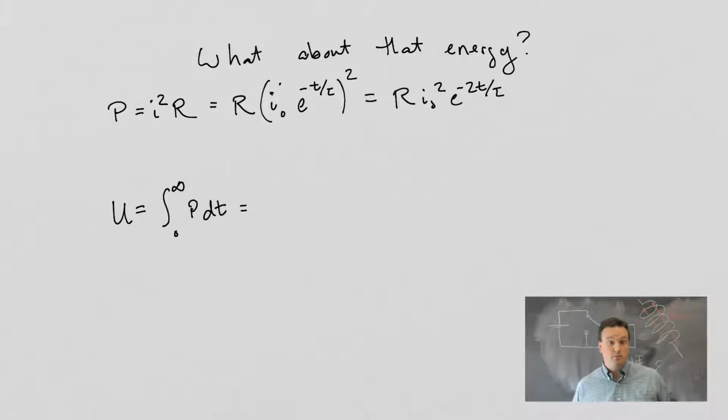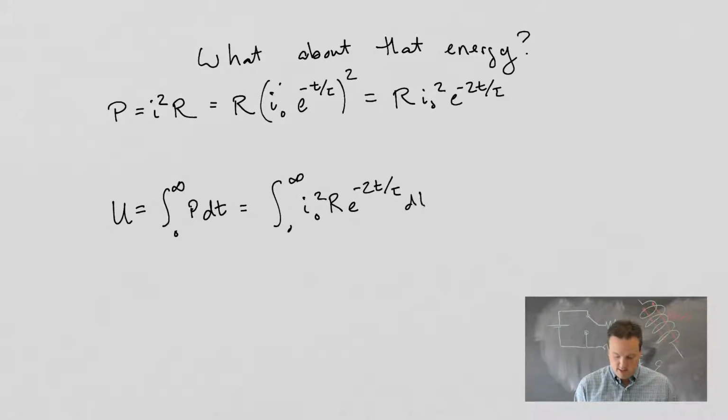So I can write down, well, what is the power as a function of time? Therefore, I can integrate that power as a function of time. So it's the integral from 0 to infinity of I naught squared R e to the minus 2t over tau dt.